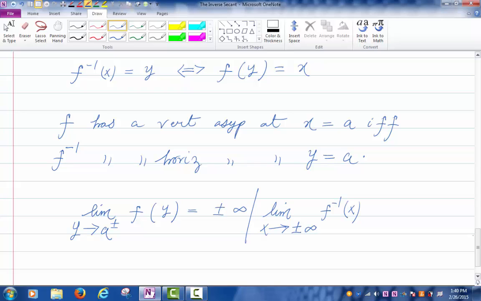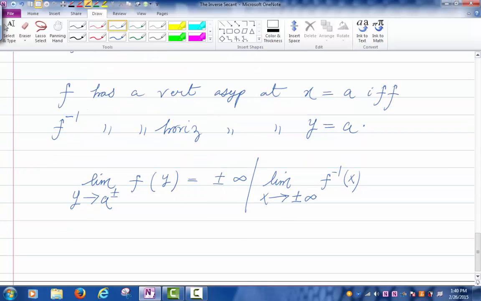If f inverse has a vertical asymptote somewhere, then the function f will have a horizontal asymptote somewhere. Am I making sense? The statement is f has a vertical asymptote at x equals a, right? Then the function f inverse will have a horizontal asymptote at y equals a. Now, why is that the case?